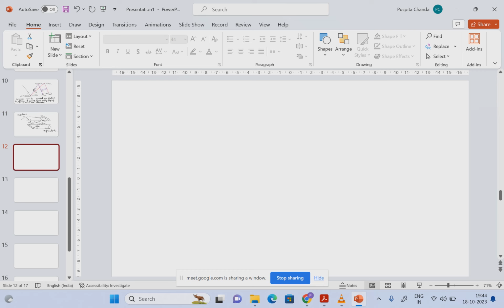So here is the prism. These two sides have to be parallel, and just opposite of that, take the mirror image of the arrangement. This is the prism.